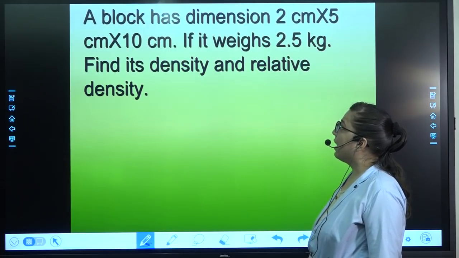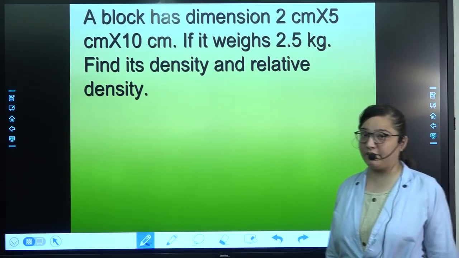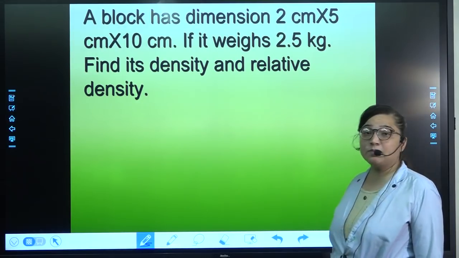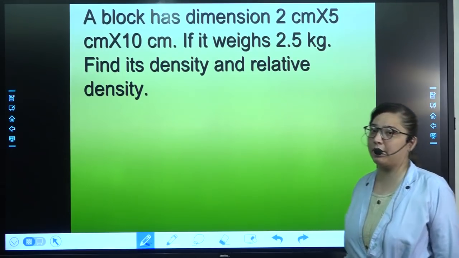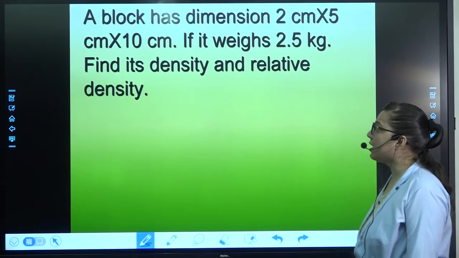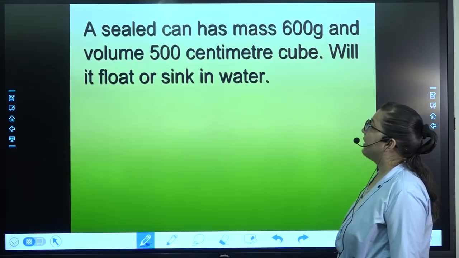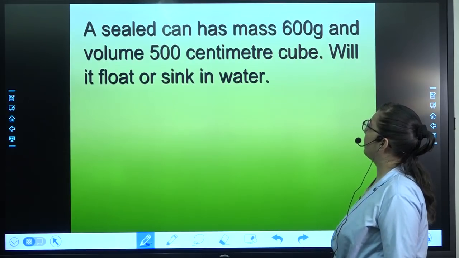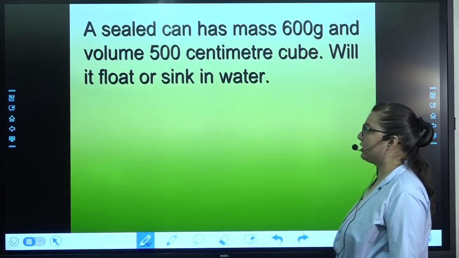Then about this, the weight is given and its density and relative density is asked. Density is mass upon volume, relative density is density of the object upon density of water. Next we had this numerical, that is a sealed can. It has the mass of about 600 gram, volume of 500 centimeter cube. Will it float or sink?